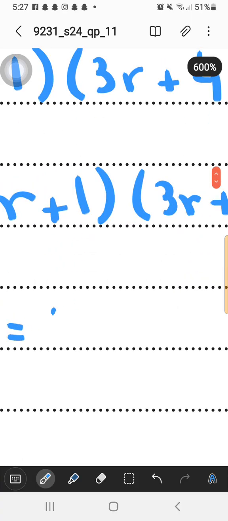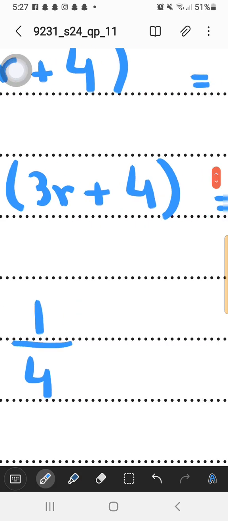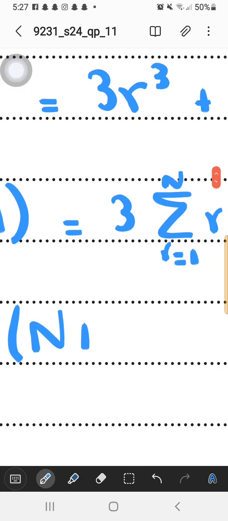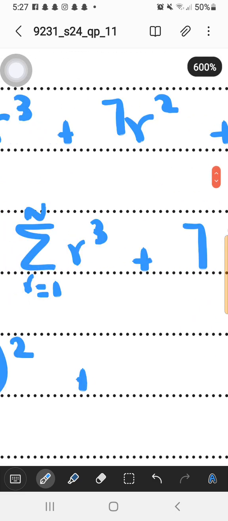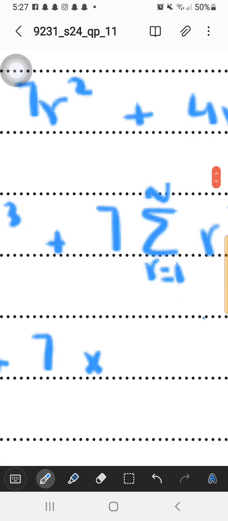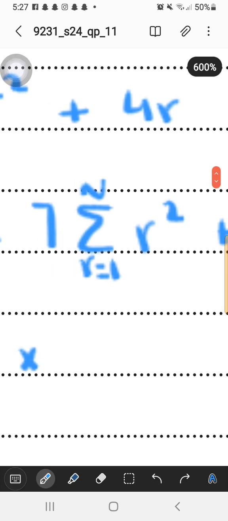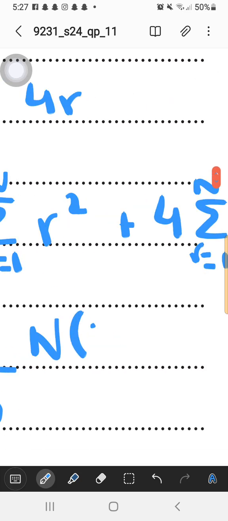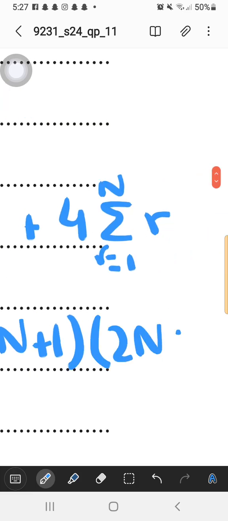It is multiplied by 3, multiplied by 1/4 n square and (n + 1) whole square, then plus 7 multiplied by the summation of r square, which will be replaced by 1/6 n(n + 1) multiplied by (2n + 1).